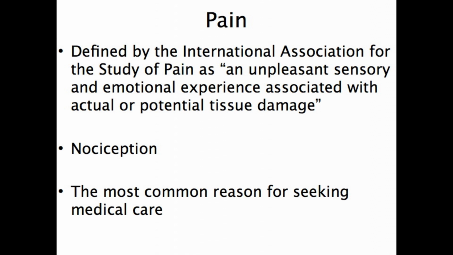And importantly, pain is the most common reason that people seek medical care. As such, physicians kind of view pain as the bane of human experience, which isn't quite a fair way to look at it, because pain is adaptive. It's what tells us something is wrong. There's some kind of damage either occurring or may occur.